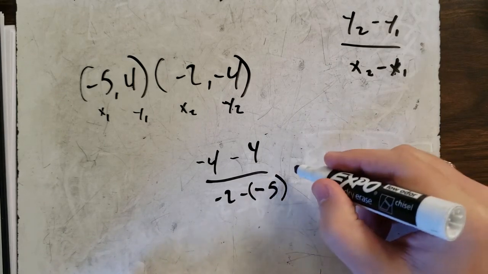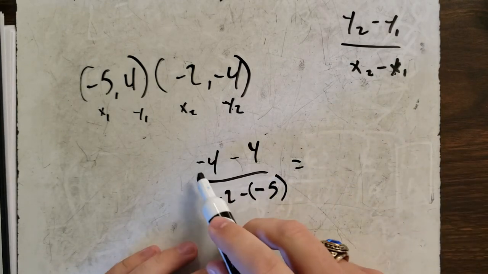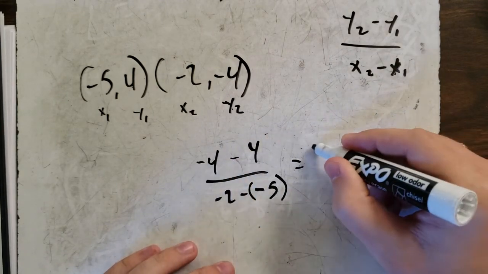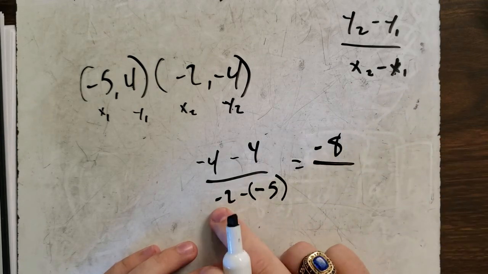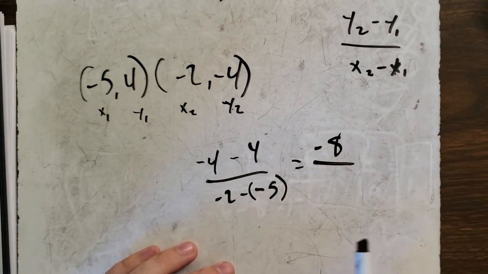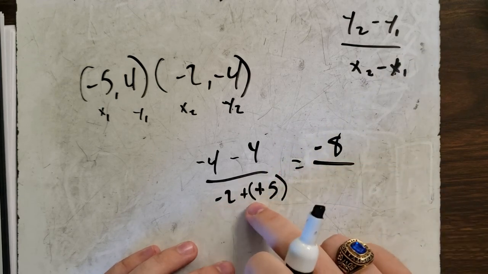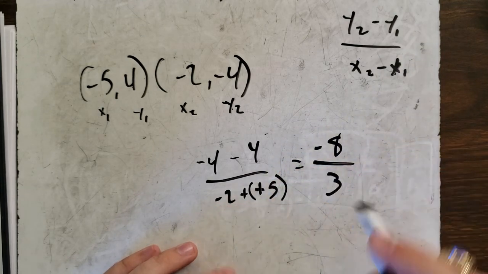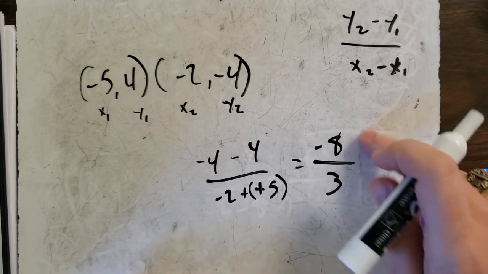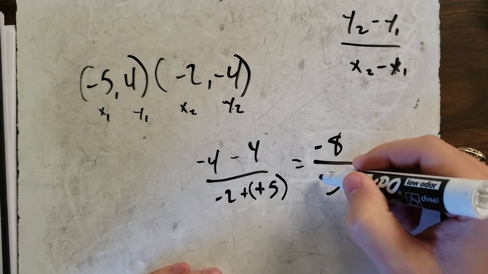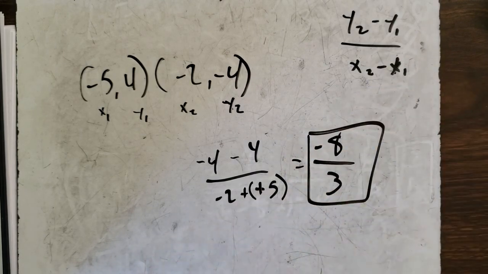I'm just separating that, okay? Do the math. -4 minus 4 is -8. -2 minus -5. Remember, minus negative turns it into a positive. So -2 plus 5 would be +3. We can't reduce either one. The negative's on top, there's nothing on the bottom. So your slope remains negative. And that's all there is to it.